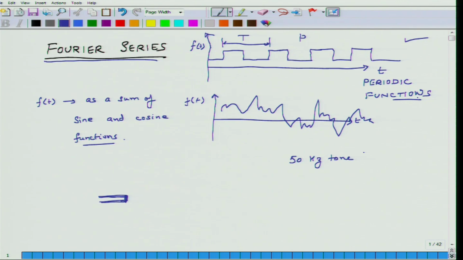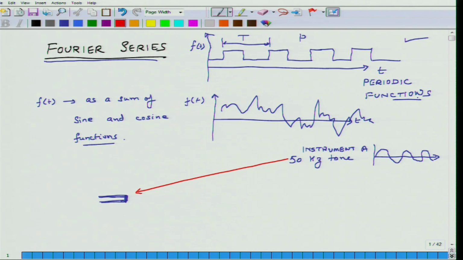So this is just one example I'm talking about. So this is some instrument, instrument A, and it is generating a 50 hertz tone, and let's say it's a nice sinusoidal tone. So this microphone is receiving signals from this instrument.